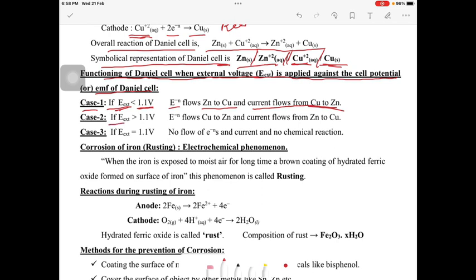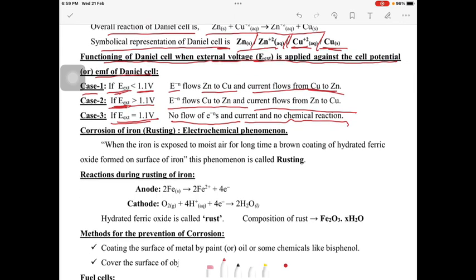If the external voltage is greater than 1.1 volt, then electrons flow from copper to zinc and current flows from zinc to copper. If the external voltage is equal to 1.1 volt, there is no flow of electrons and current, and no chemical reaction takes place, no redox reaction takes place.